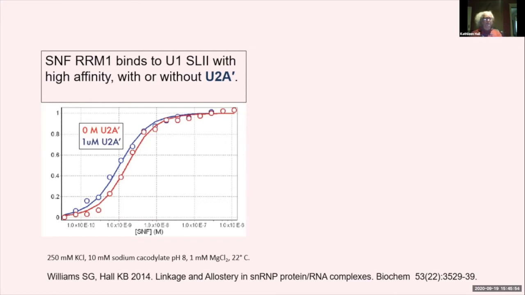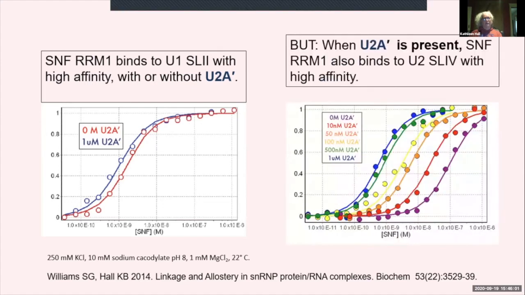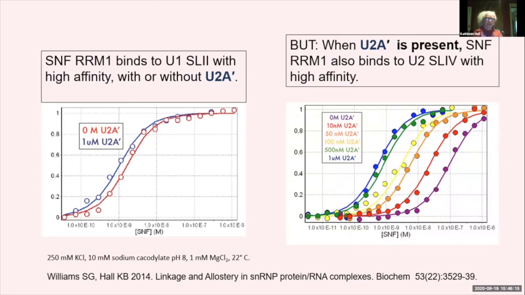It doesn't really seem to change the affinity of SNF for the RNA. That's very different for stem loop 4, because now what we're doing is titrating in U2A prime, and we're seeing a dramatic increase in the affinity of the protein for this second RNA loop.